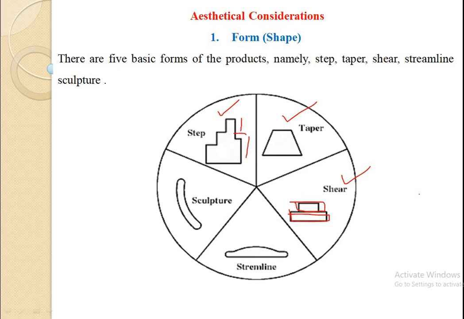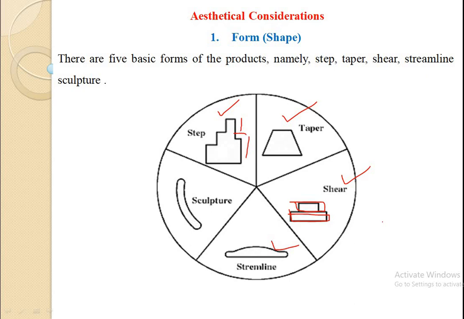In case of step form, if you find multi-story buildings or any product which has some height, it is manufactured in a step form. You can also take the example of wind towers. They have the shape of a step form. Next is the streamline form.